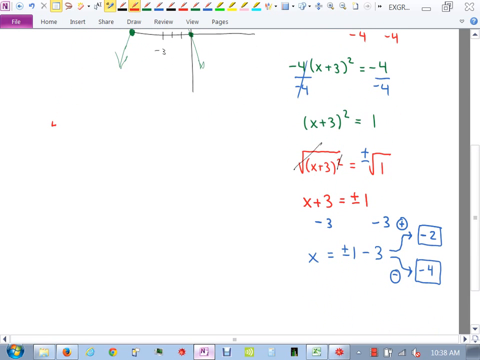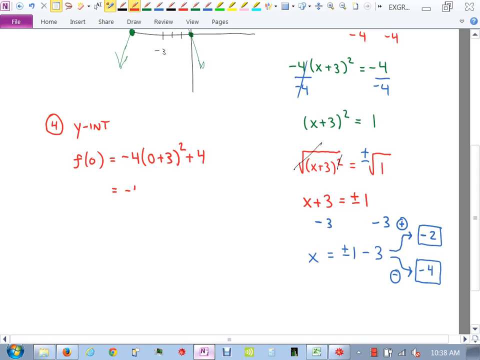4. Y-intercept. How do you find the y-intercept? Plug 0 in for x, right? So for us, it's negative 4, 0 plus 3 squared plus 4. Right, isn't that the original function, me replacing the x with 0?